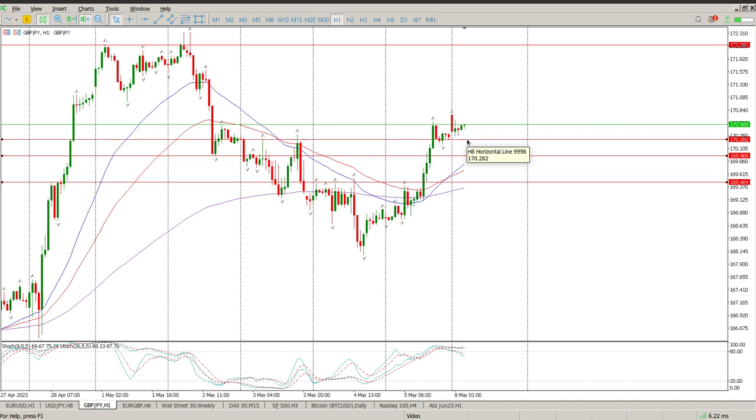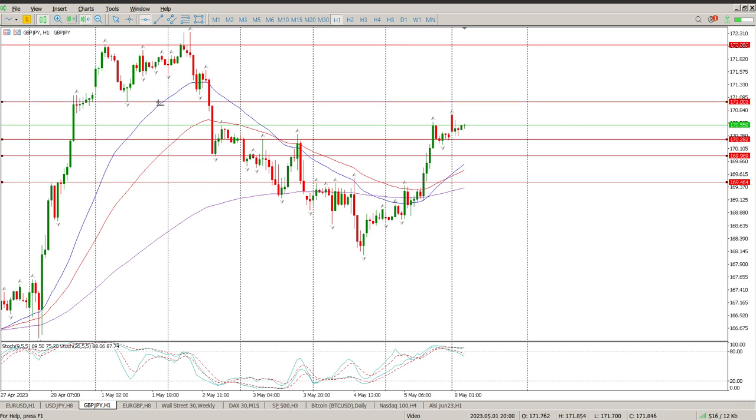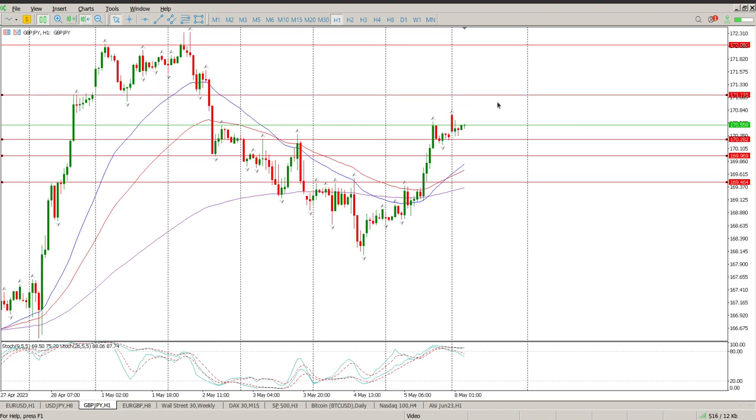This is also in play 170.282, and this is also definitely in play 169.464. So you want to pull back onto that structure. We want to see price action, and then we are looking to target that level right there at 171.131.